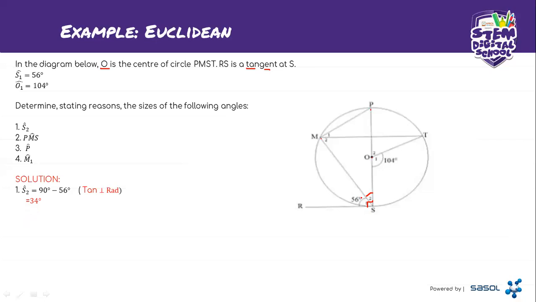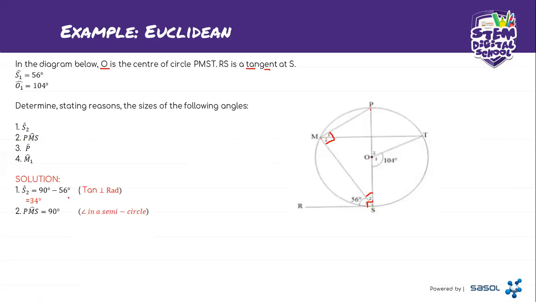All right. Now, the next question: angle MS. Let's go and look for that angle. Angle MS, meaning they are referring to this angle here, angle M1 plus angle M2. So what is the size of that angle?